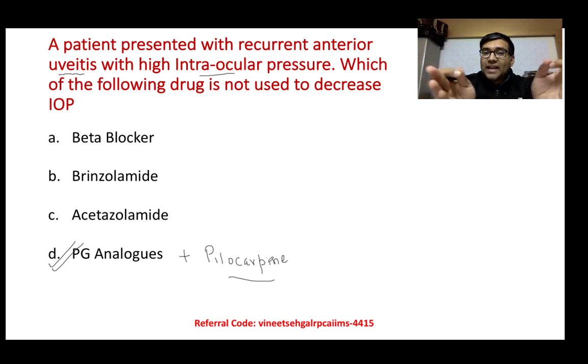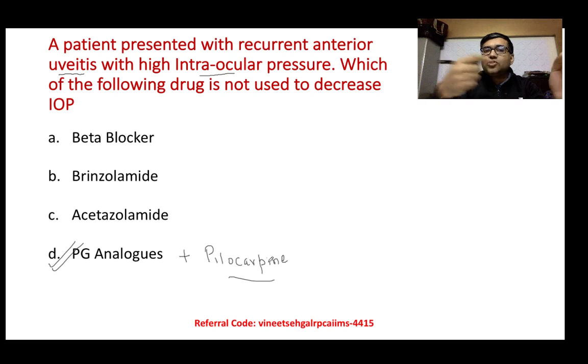And remember why the glaucoma has occurred in these cases: not because of any other pathology but because of uveitis. So uveitis causes pressure and this pressure can cause glaucoma. So before decreasing the IOP, you have to see the reason why there is a uveitis.